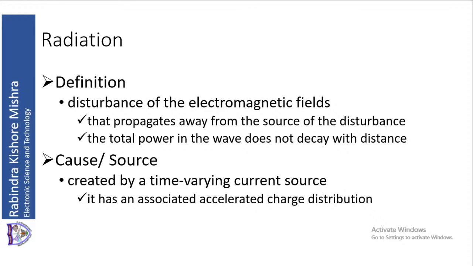Source point means the point where the disturbance was created. As you keep on moving away, the power contained in the electromagnetic wave will not decay. The power will remain the same as you move away from the point of disturbance.